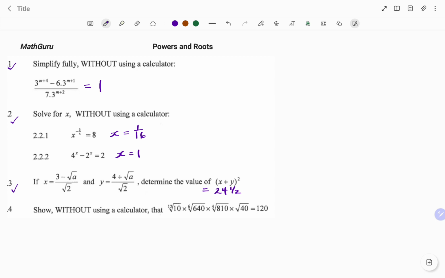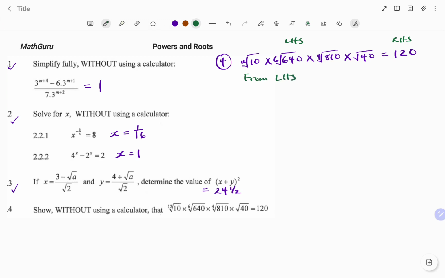So I have on my left hand side the 12th root of 10 times the 6th root of 640 times the 4th root of 810 times root of 40 equals 120. So I'm going to be proving from my left hand side. I have my left hand side and my right hand side.